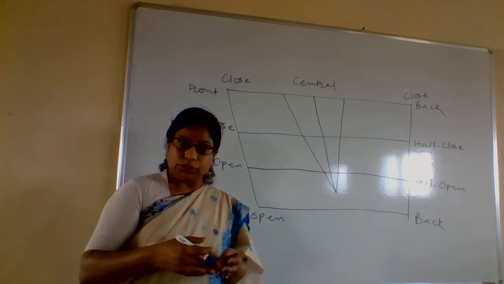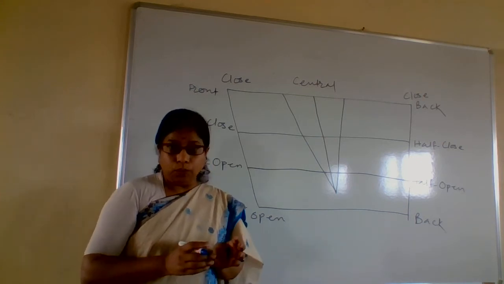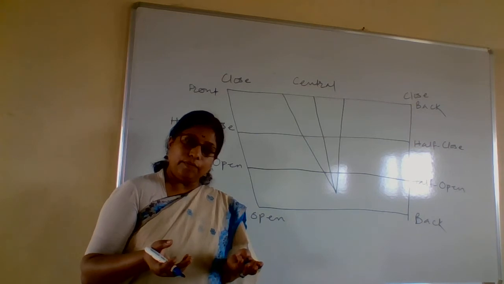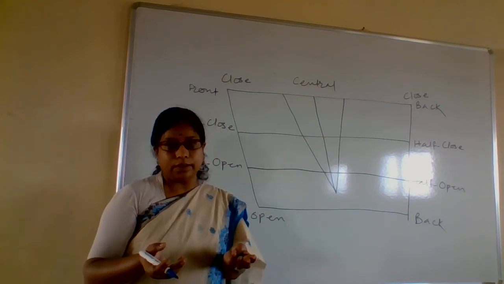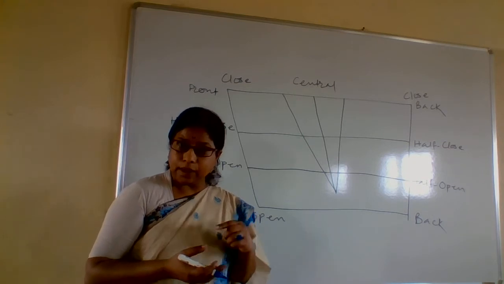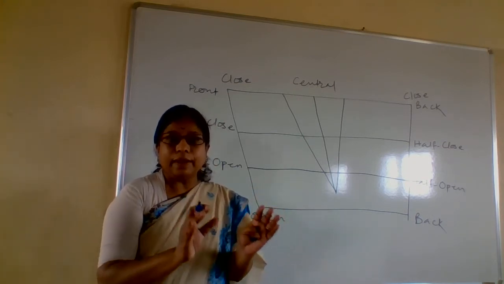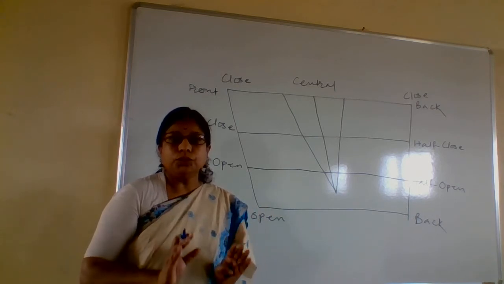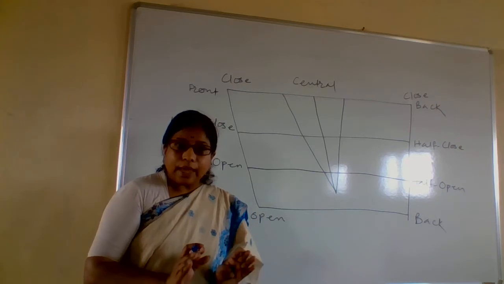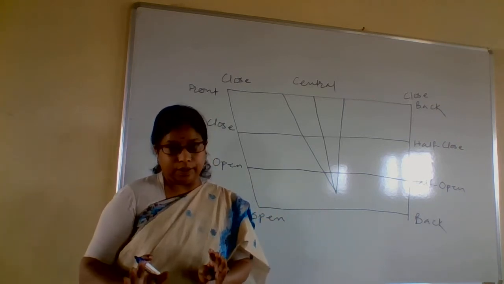For example, the vowel oo is rounded, and the vowels a or e are unrounded. So this is the first label given according to the position of the lips. Depending upon that, the vowels are either rounded or unrounded.